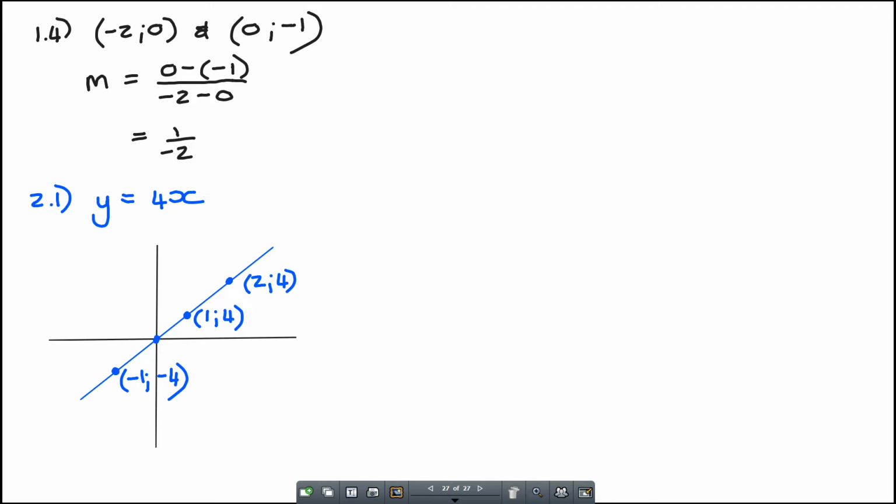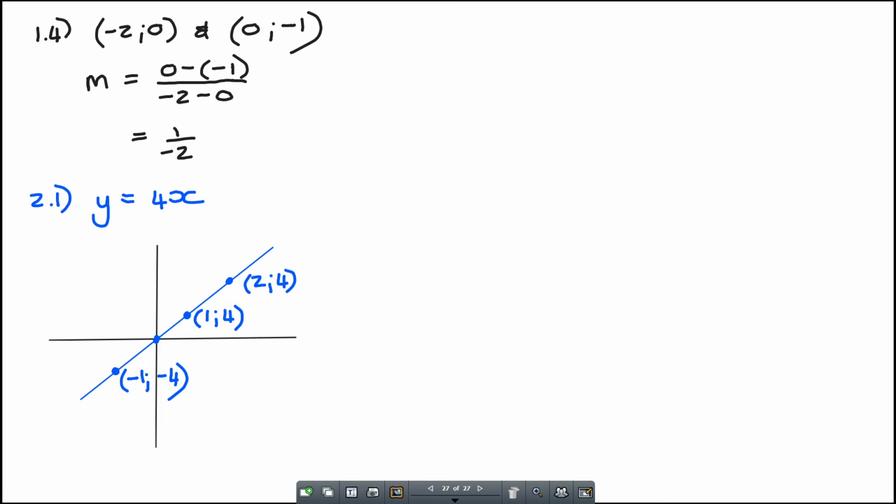Usually we get a mark for the x-intercept, a mark for the y-intercept, and then a mark for shape, because every graph is different. But when I talk about shape, it means I check whether your gradient is also right. In other words, if your line looks like that, then you're going to lose that third mark, because you drew it as a negative line. Do you understand what I mean? So those are the 3 marks.